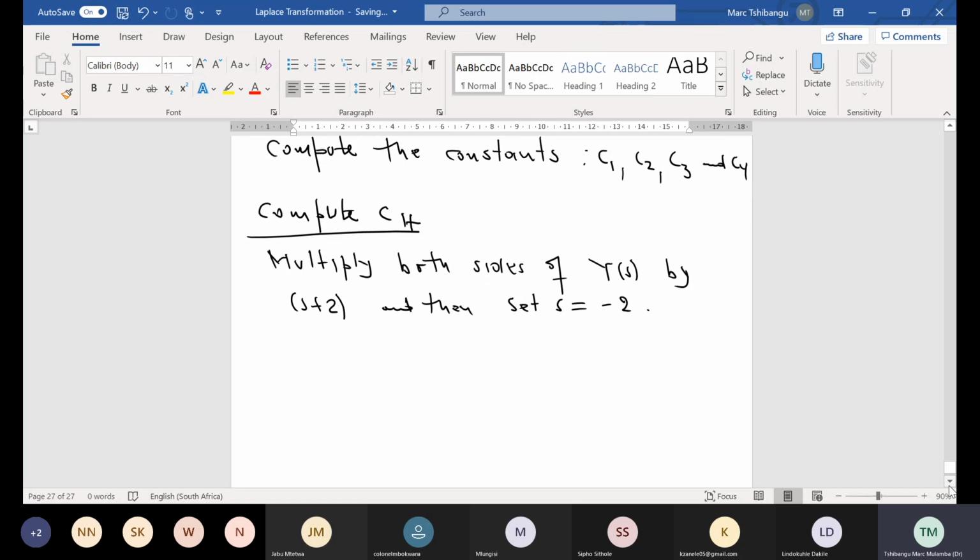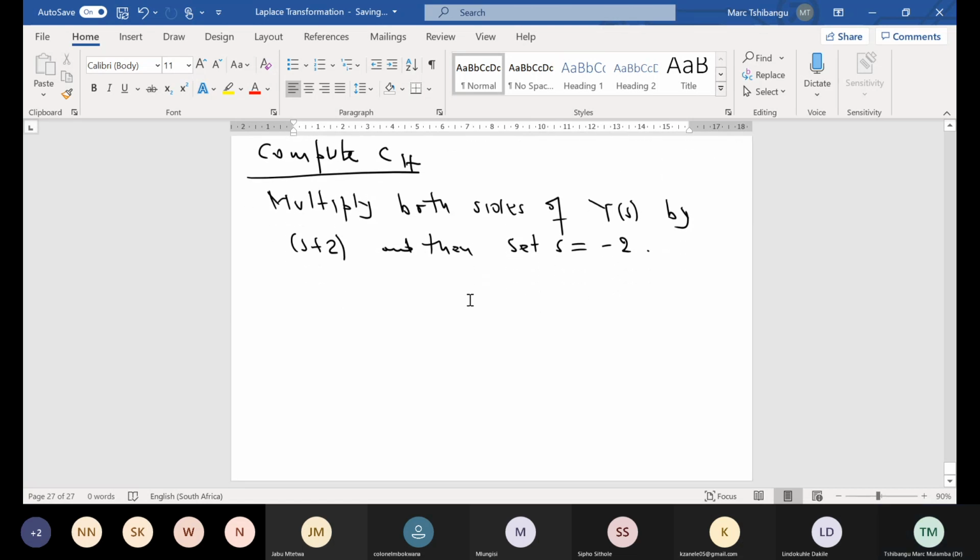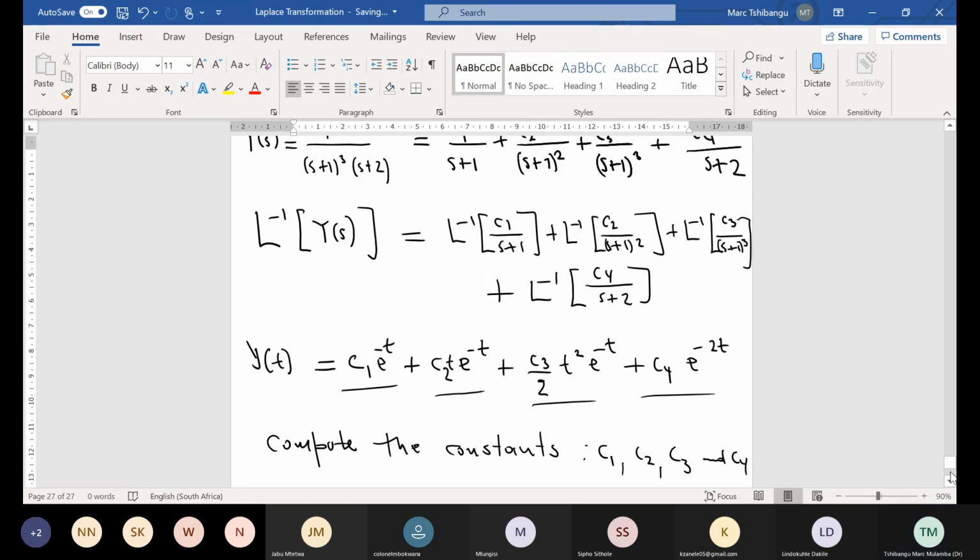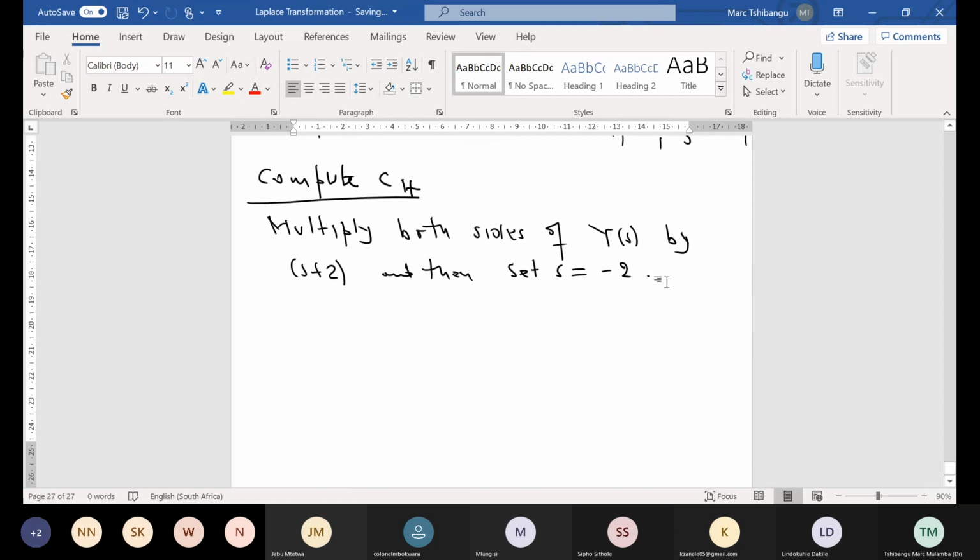Same approach as previously. So here we're going to have 1 over (s plus 1) cubed times (s plus 2) times (s plus 2), which is equal to C1.